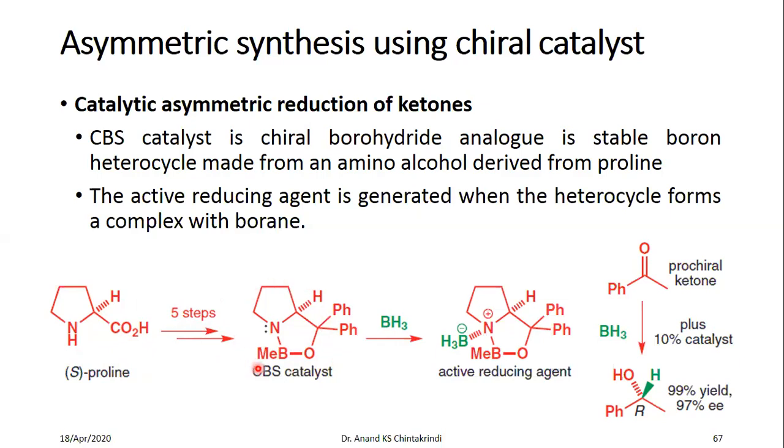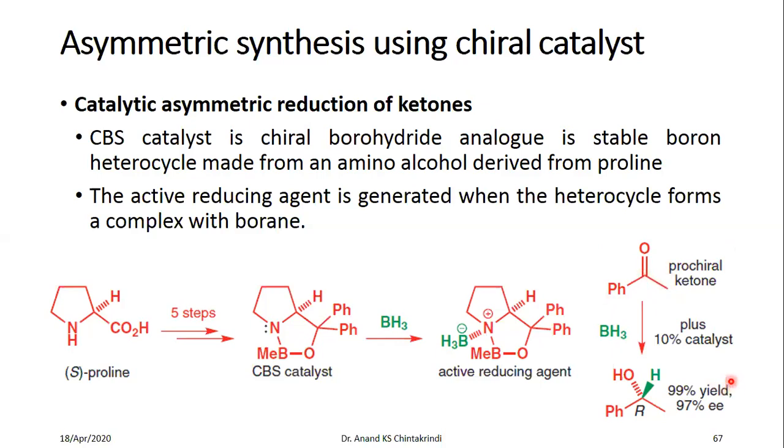However, this is an inactivated form of the catalyst. It is activated only when you add the borane, and this borane is the actual hydride source in this case. The advantage of using this chiral reducing agent is that it is required only in 10%. So what is the overall reaction? You take a prochiral ketone, prochiral in the sense of a single transformation.